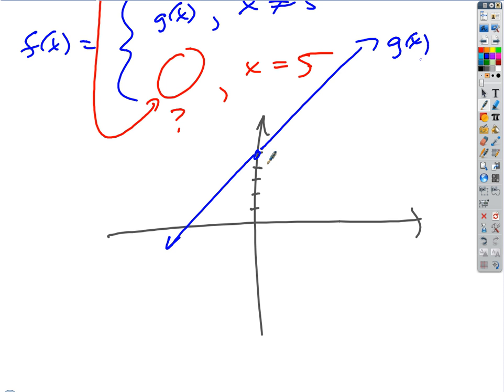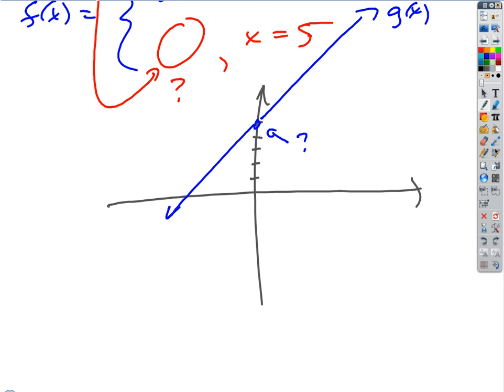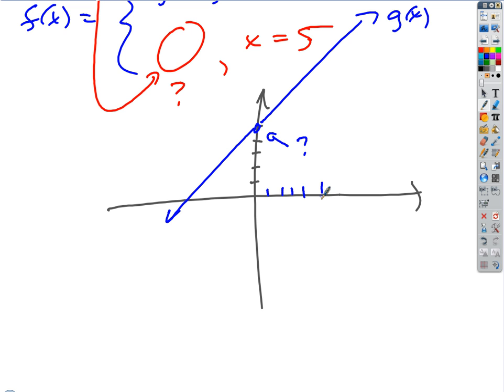Well, whatever that missing y value is, right? So what is x plus 5 when x equals, whoops, hang on, we're supposed to be at 5 now, aren't we? My hole's in the wrong spot, hang on, I have to fix this.